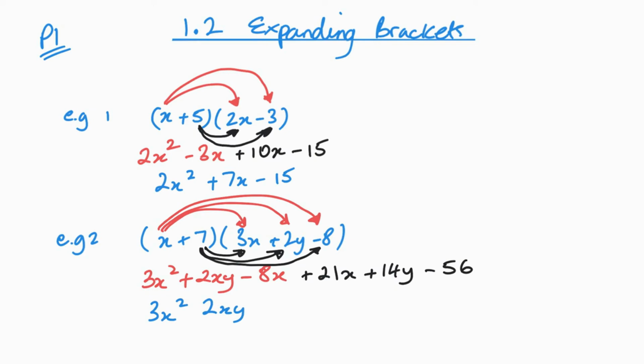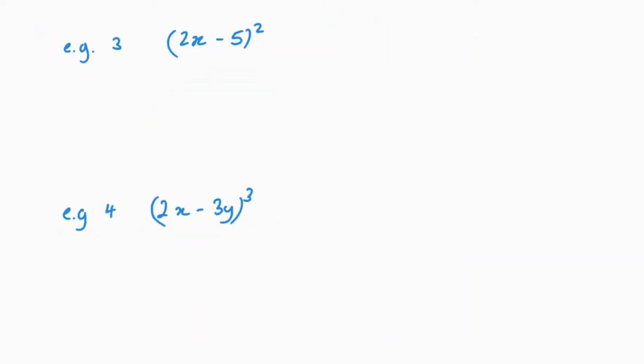So we can simplify that one there, so that's going to be plus 13x. And then I've got my plus 14y and my minus 56. I probably normally would have actually put the 2xy here in the middle, and 13x here, so then I've got my x powers descending into xy and then into y, but it doesn't really matter.